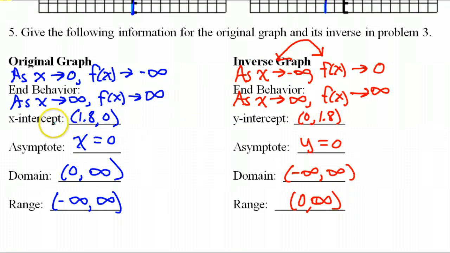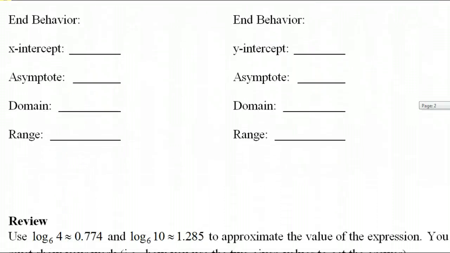Same thing with the x-intercept and the y-intercept: 1.8 comma 0, 0 comma 1.8. Obviously, x becomes y. Notice that with the domain and range, they just switch places. The domain becomes the range, and the range becomes the domain. So it's helpful to see the connection between these inverses. I'm going to go ahead and end the video here, and there will be a second video for the back page.